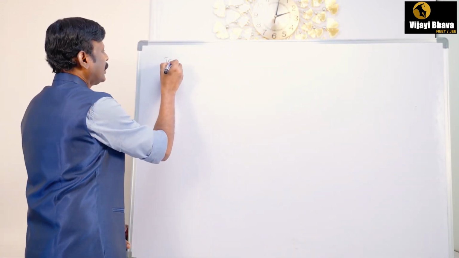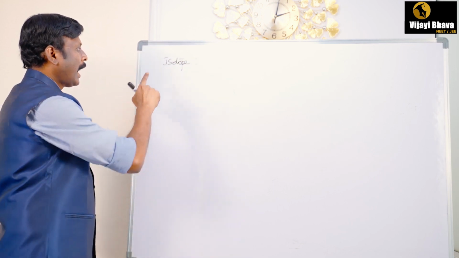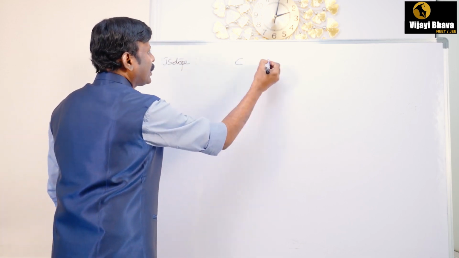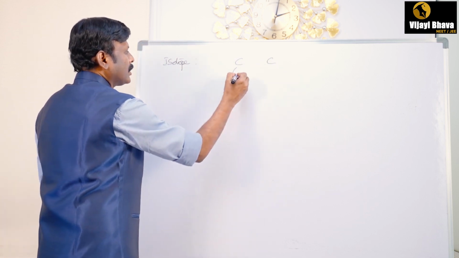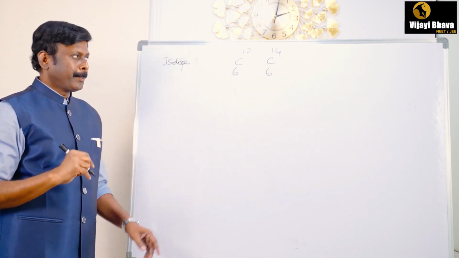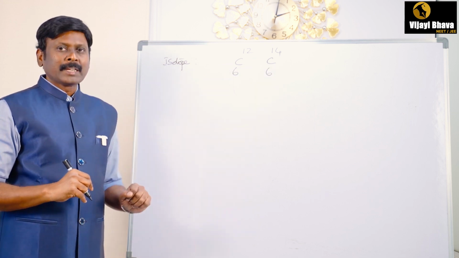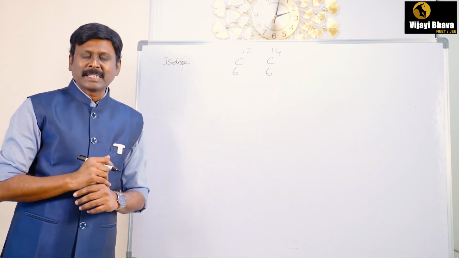First in this session is isotope. Isotopes are the atoms of the same element with the same atomic number but different mass numbers. I repeat, atoms of the same element with the same atomic number but different mass numbers.